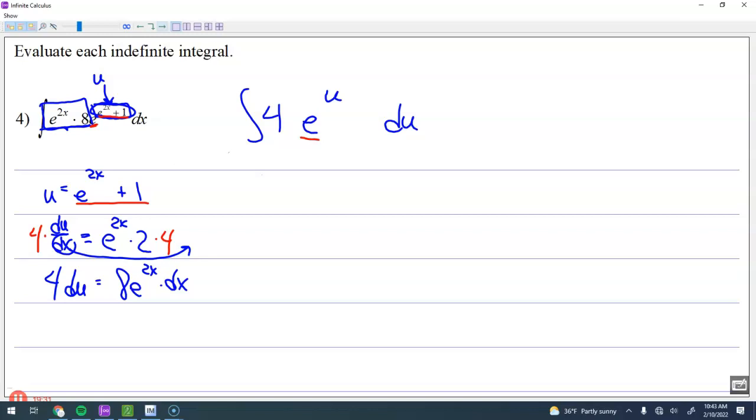So now my integral is easy. That's the point. What's the integral of e to the u? E to the u. Like the integral of e to something is e to something. And then I replace, so I know u is this thing. So I'm just going to put it back.